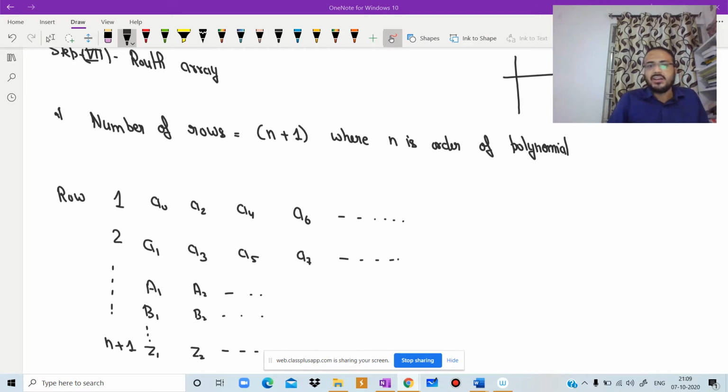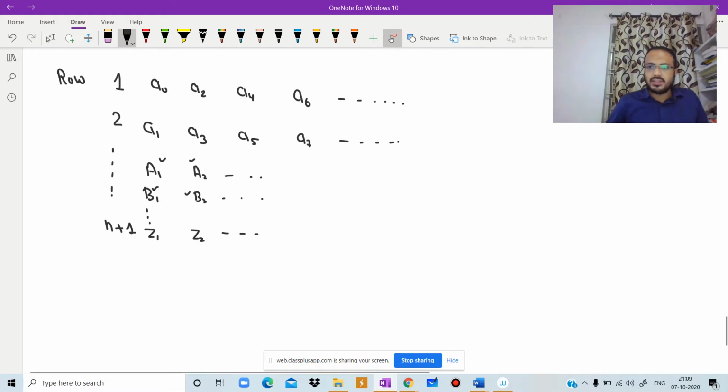Now our next target is to calculate the values of A1, A2, B1, B2 up to Z1. We will calculate how to calculate the values of A1, A2, B1 and B2. From this section, you can get marks very easily in the exam.